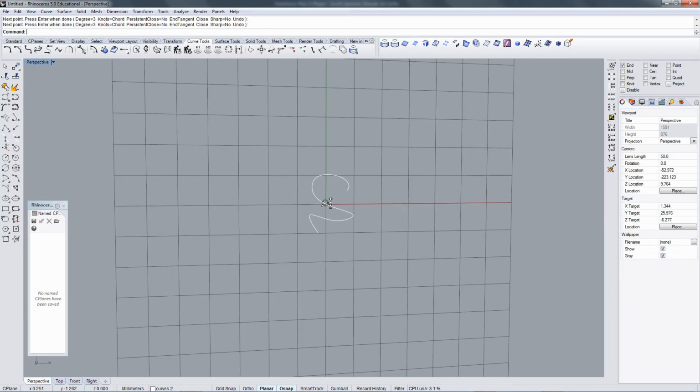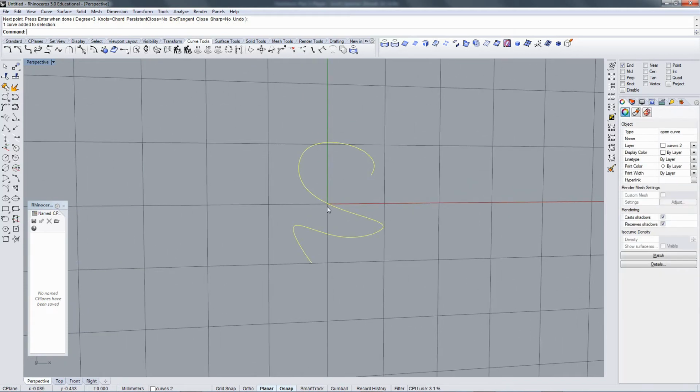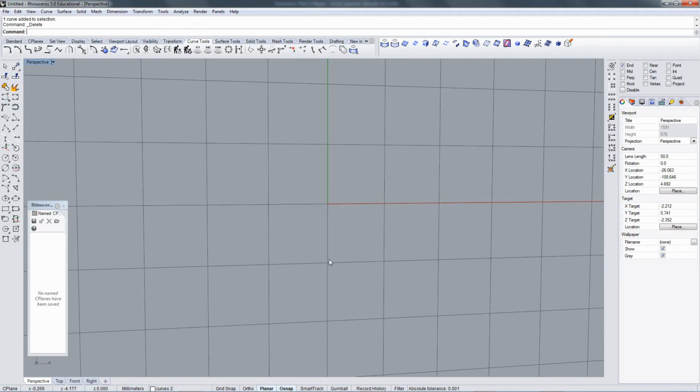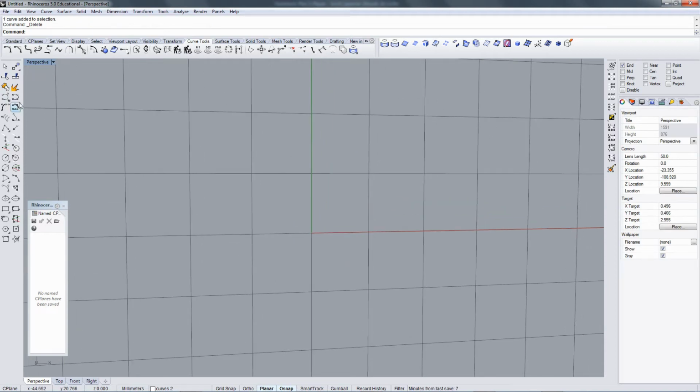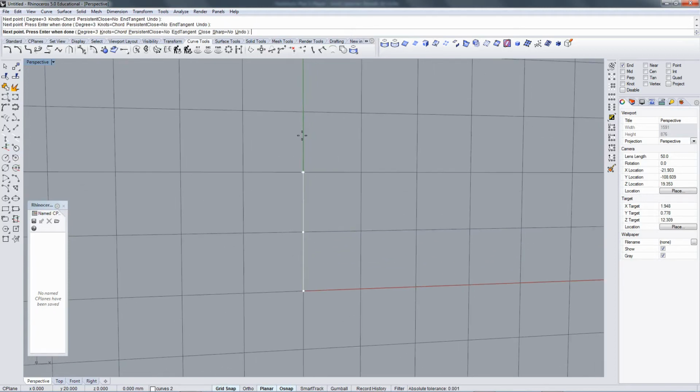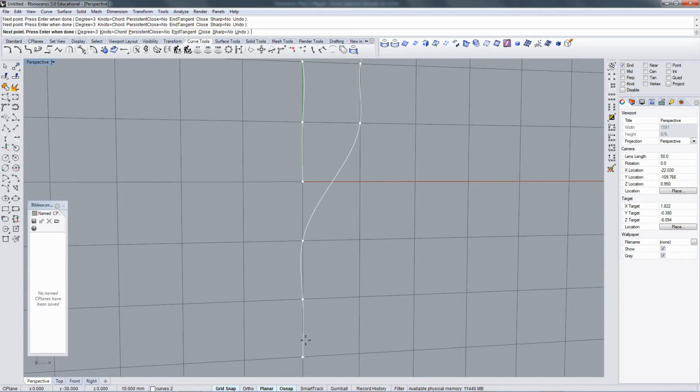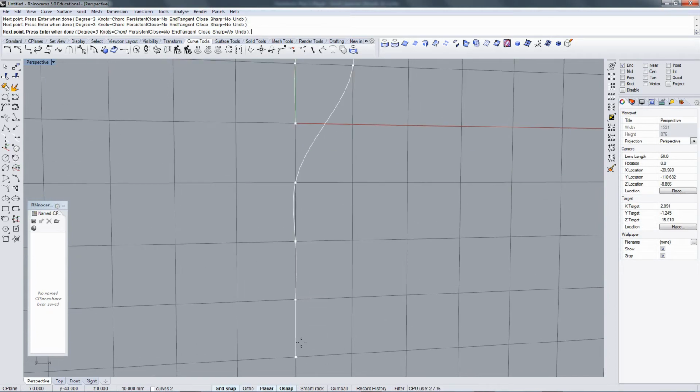And this Z direction in global coordinates works the same way. Up into the air is positive Z10, Z20, Z30. Dropping down below 0 would be minus Z10, Z minus 20, Z minus 30, and so on.